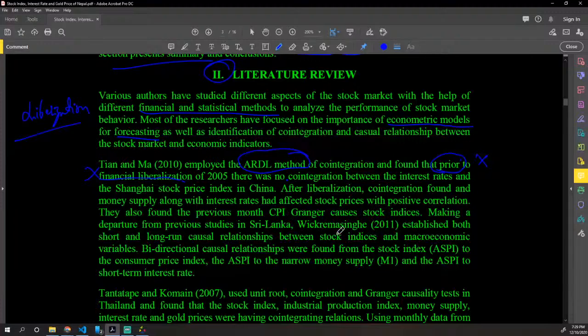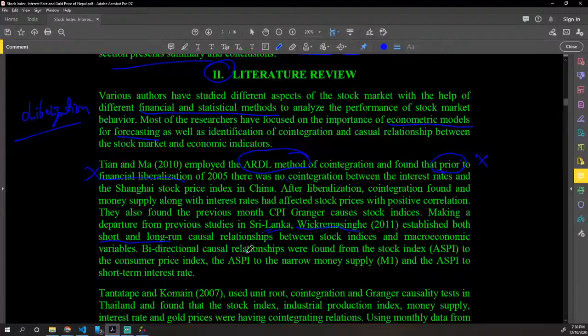Okay, so Wickramasinghe established both short and long-term causal relationship between. Who was this guy? Wickramasinghe, making a departure from a previous study in Sri Lanka. Alright, so what this guy found was a short-term and long-term causal relationship between stock indices and macroeconomic variables, right?